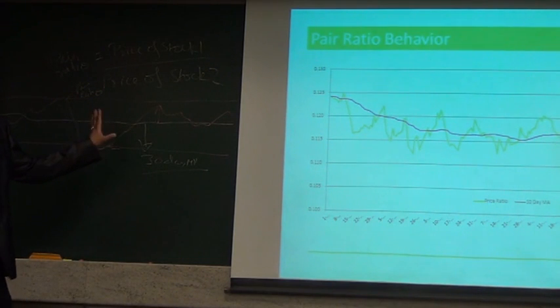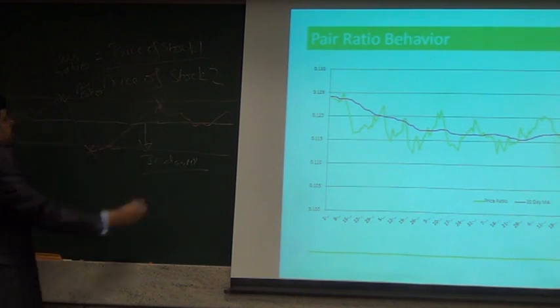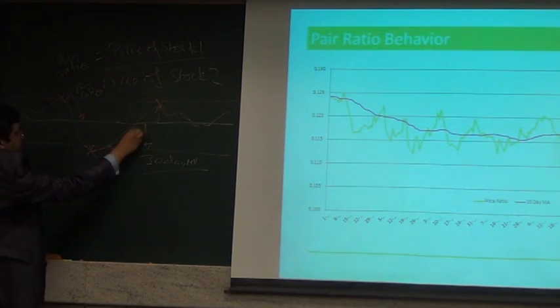Is it visible to you guys? Yes. Okay. My whole aim here is to find these points where my pair ratio has gone beyond my mean, and there is a high probability scenario that this pair ratio will come down, or here the pair ratio will move this side.